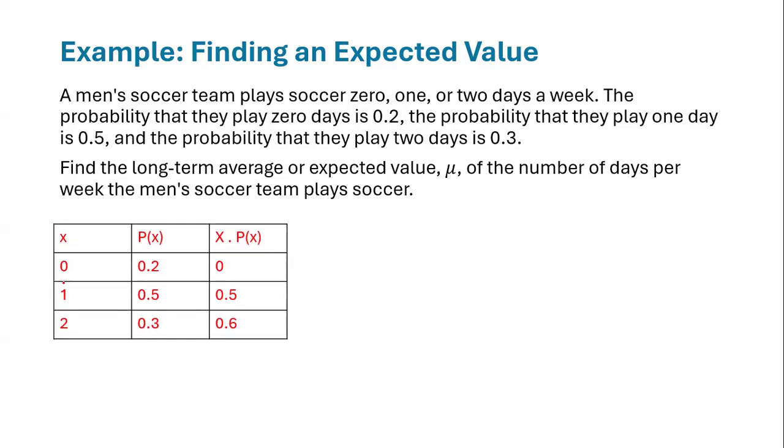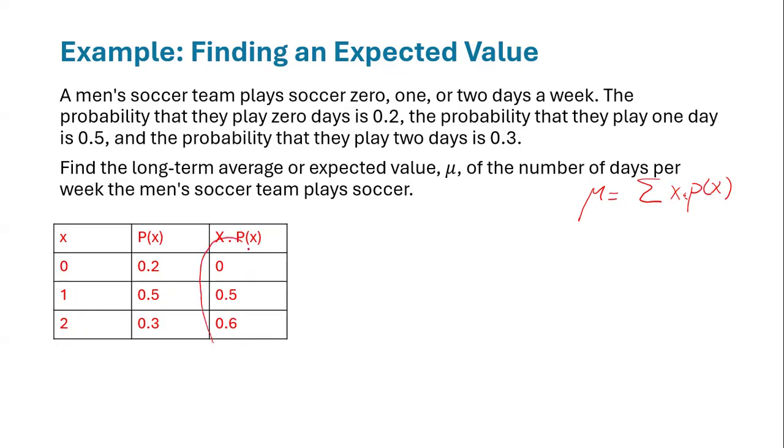To find the expected value, we need to find the mean. If you remember the formula, the mean is the sum of x times p of x. So I need to multiply each x by p of x first, which I did in the table, and then add them together. 0 times 0.2 is just 0, because 0 times any number is 0. 1 times 0.5 is 0.5, 2 times 0.3 is 0.6.